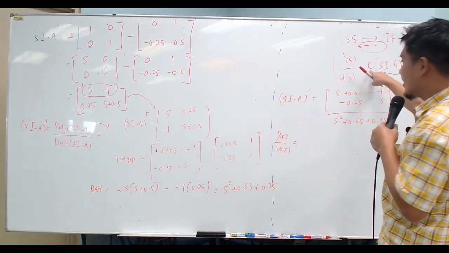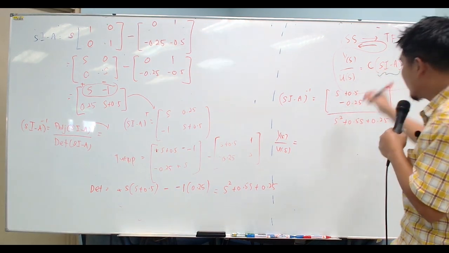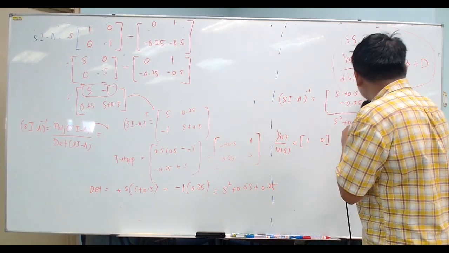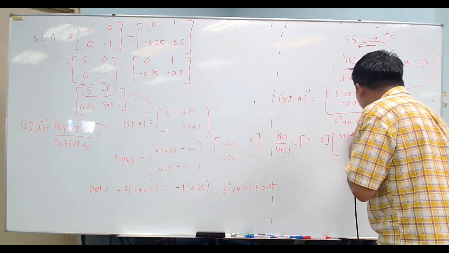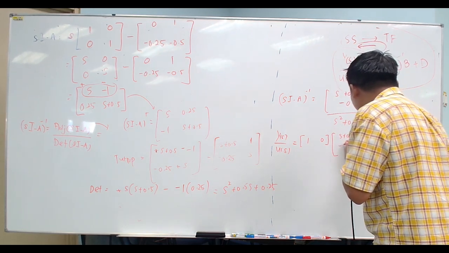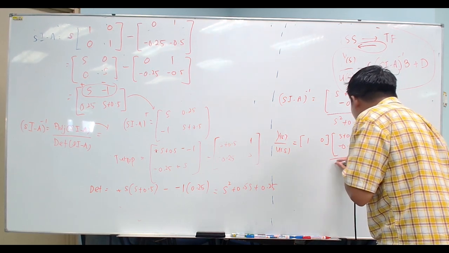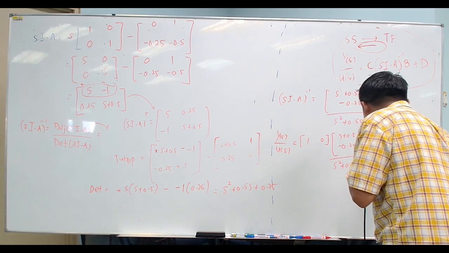So, we just put it according to the sequence. The C is [1, 0]. The (sI minus A) inverse is [S plus 0.5, 1; negative 0.25, S] divided by S squared plus 0.5S plus 0.25.